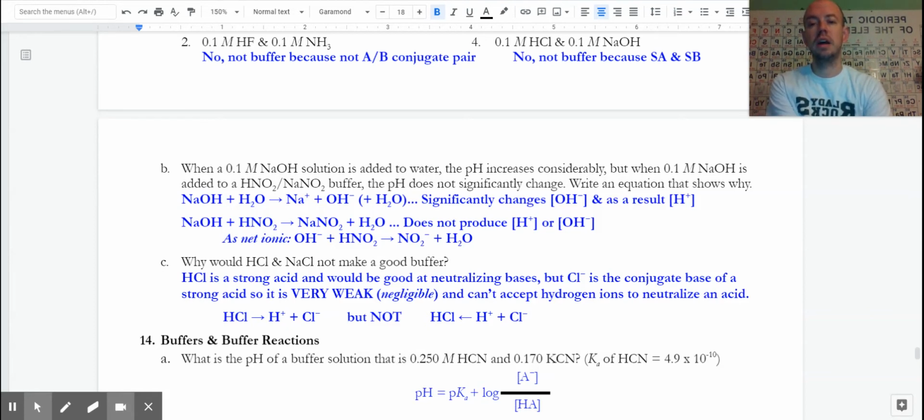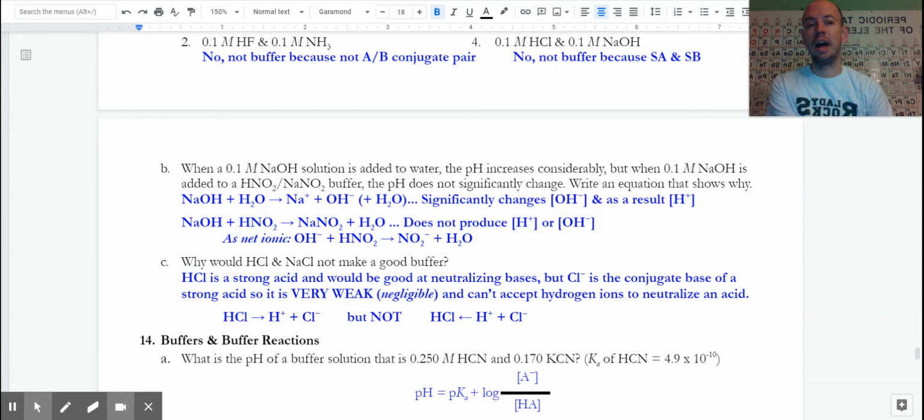The sodium hydroxide reacts with the nitrous acid. With a double replacement there, we make water, we make sodium nitrite. So it doesn't make hydrogen ion, it doesn't make hydroxide ion. The sodium hydroxide isn't just ionizing, so that doesn't increase H plus or OH minus, and our pH barely changes.